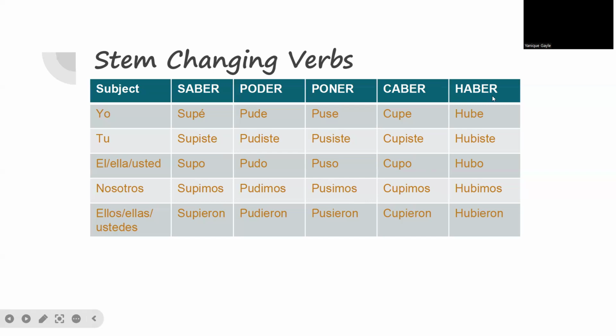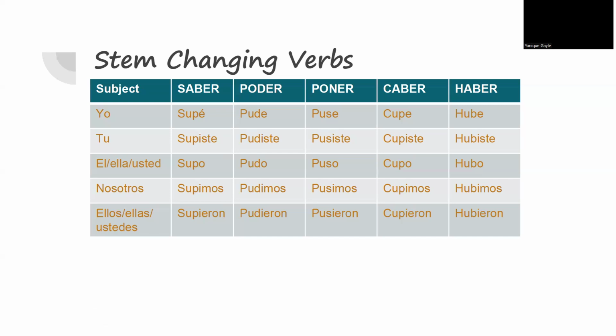Then we have haber. Haber means to have, but it's more of an auxiliary verb. So this word haber, we're gonna use it for when we're saying there is or there are in the present tense, which is hay. And for the past tense, it's basically used to form another tense that we will see further on.